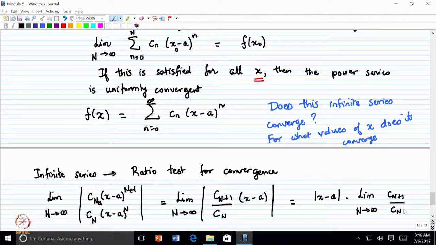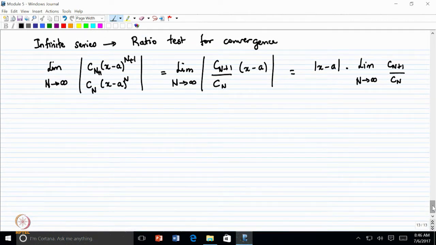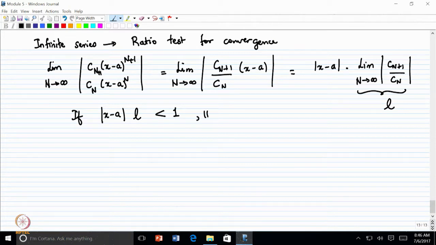Now what will happen is that if this ratio is less than 1, so let me call this factor L, this absolute value. If |x minus a| times L is less than 1, then the series converges.